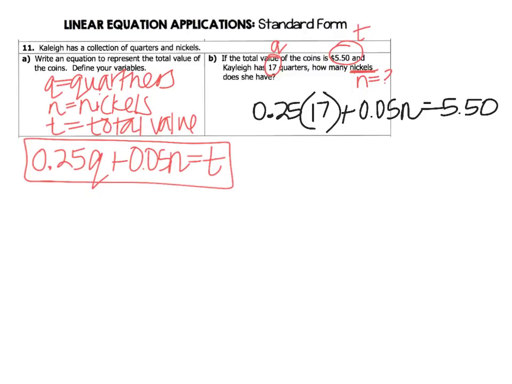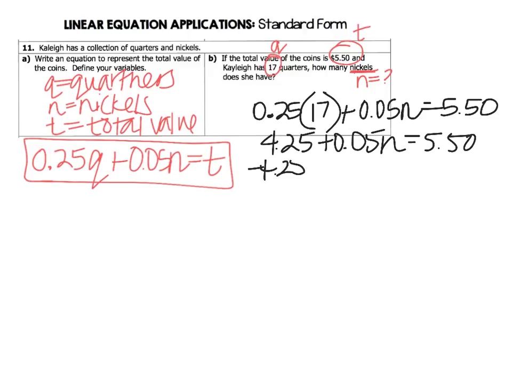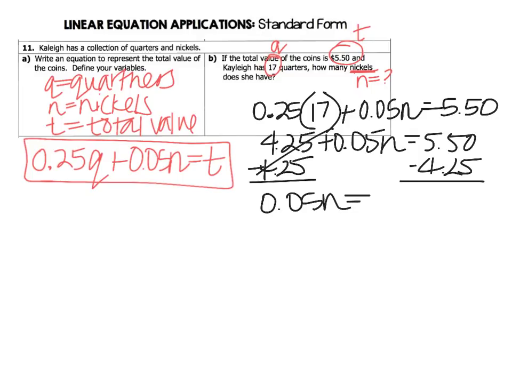First thing we want to do is multiply 0.25 times 17, and we get $4.25 plus 0.05 N. Then we want to subtract $4.25 from both sides. Cancels out over here. We're left with 0.05 N equals 1.25.